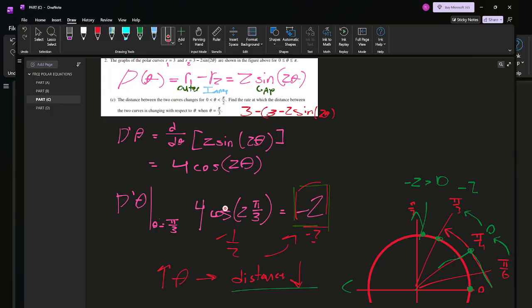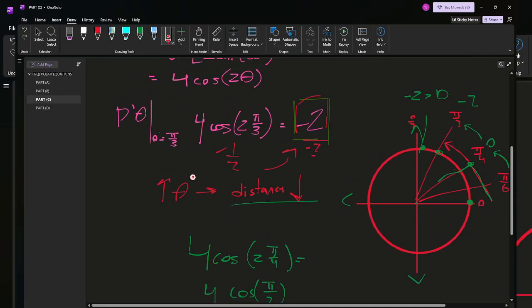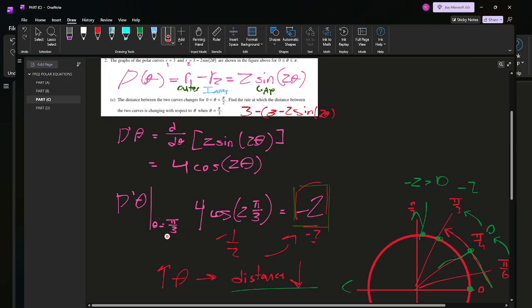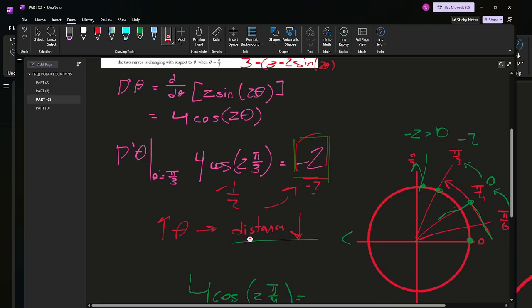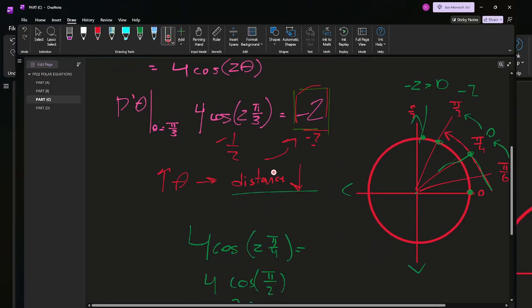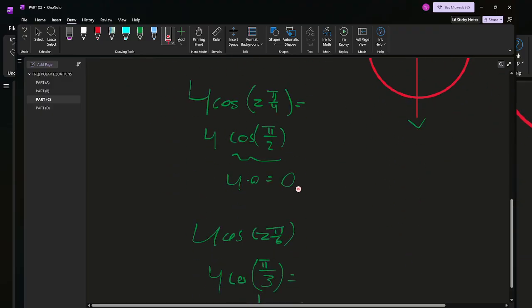When we take the derivative, you get 4 cosine 2 theta. And then you plug in theta equals pi over 3, where cosine of 2 pi over 3 is negative 1/2, and then you get negative 2. So that means as theta increases, the distance decreases as well.